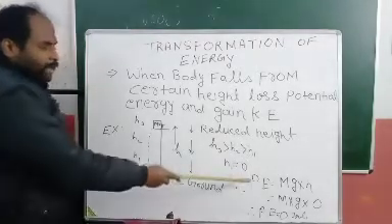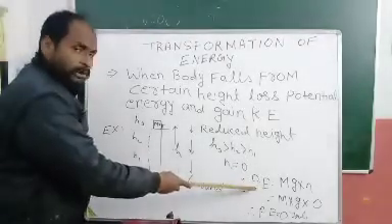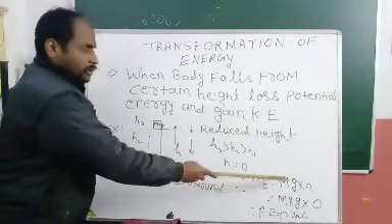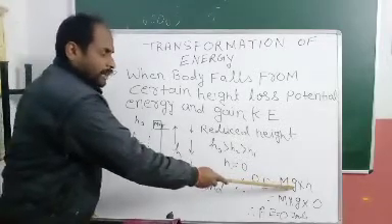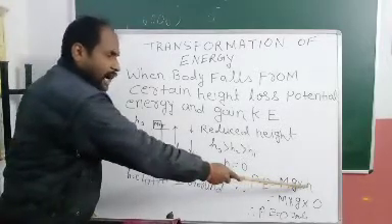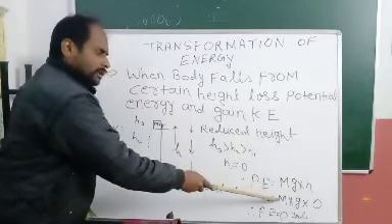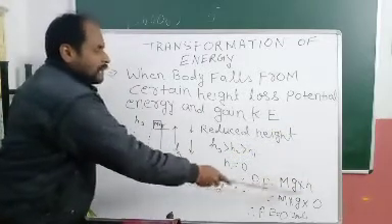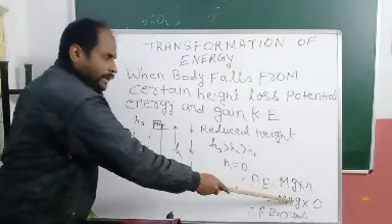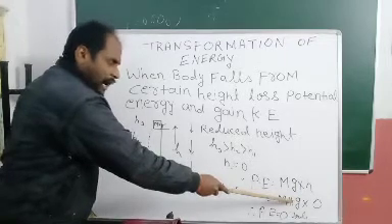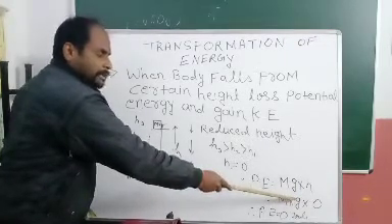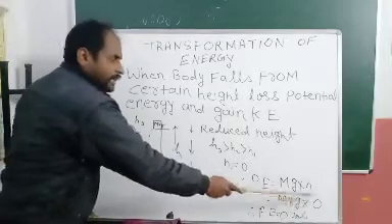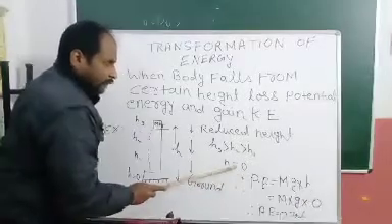Then according to the potential energy formula, potential energy equals mass into gravitational acceleration into height. Whatever the value of the mass, the g value is 9.8 meter per second square or 10 meter per second square, and h becomes 0.